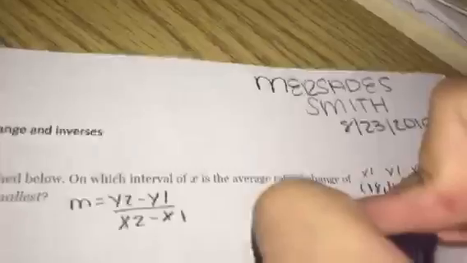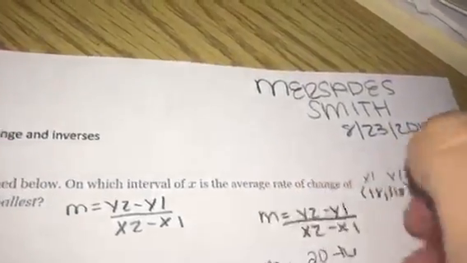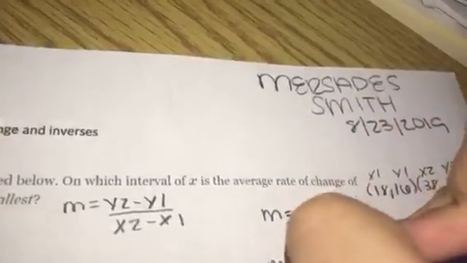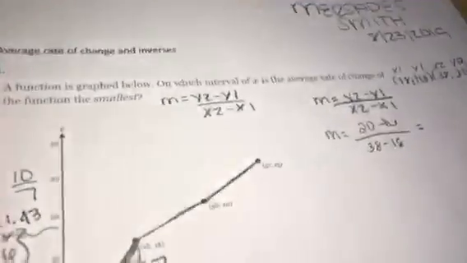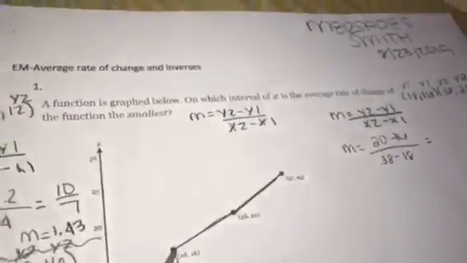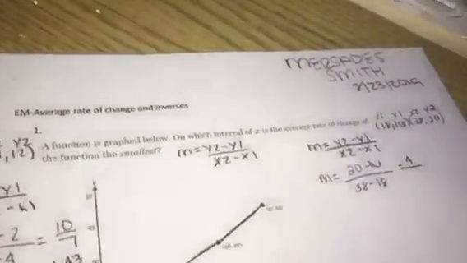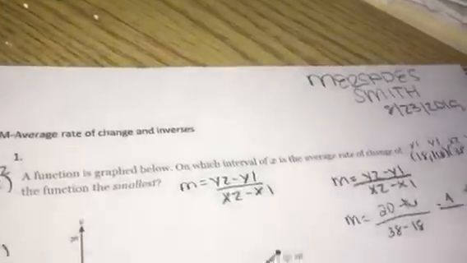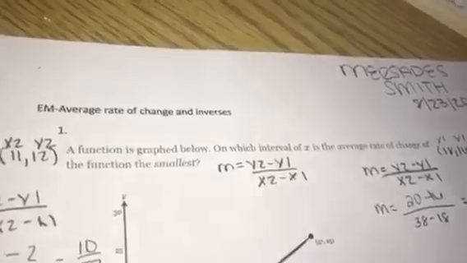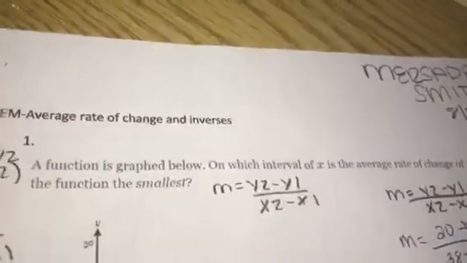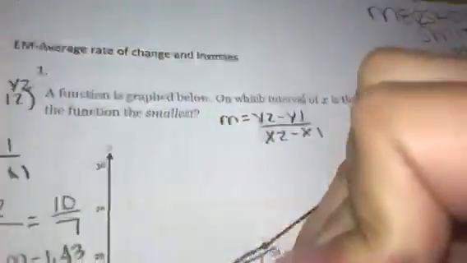So 20 minus 16 over 38 minus 18. 20 minus 16 is 4, over 38 minus 18 is 20. 4/20ths reduces to 0.2, so we have 0.20.